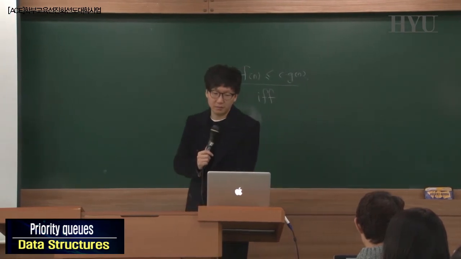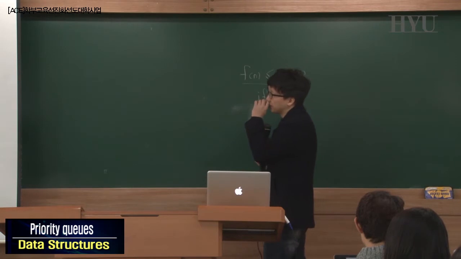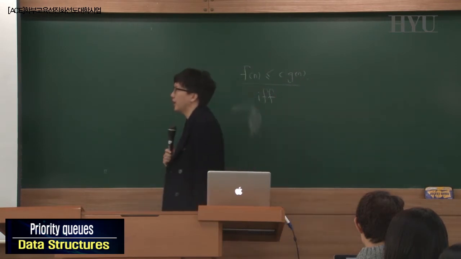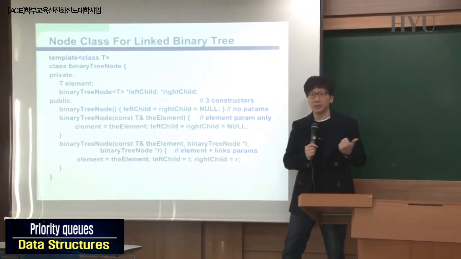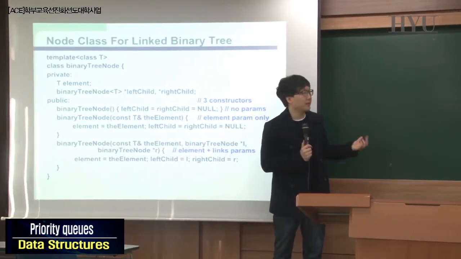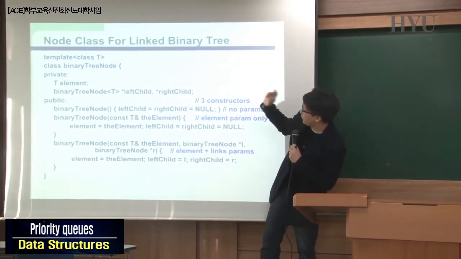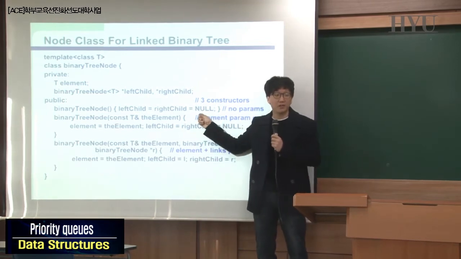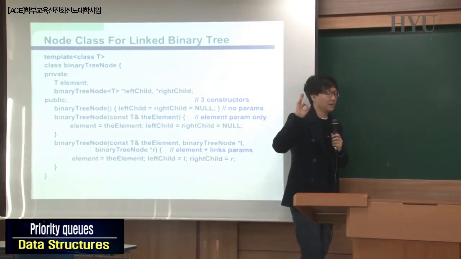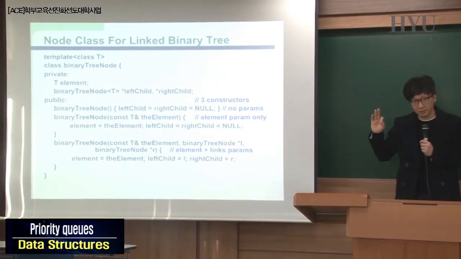그죠? Simple. And then there was the class definition, and I showed you some examples of how to declare, that is, how to create, a binary tree node. There are 3 different definitions, right? One, you declare nothing. Second, you declare its value, the element.